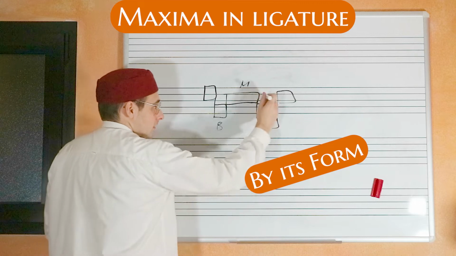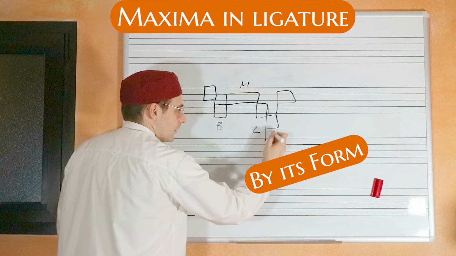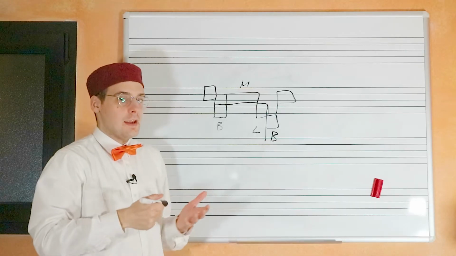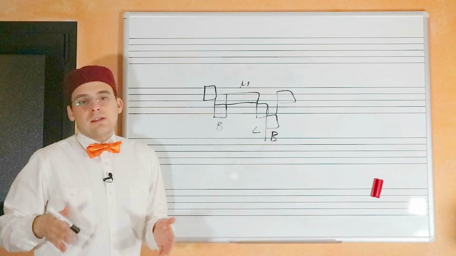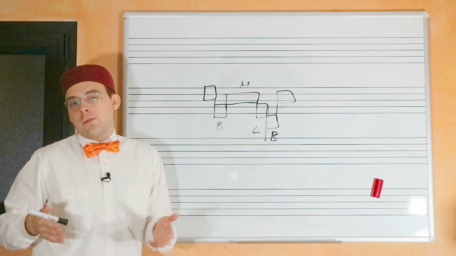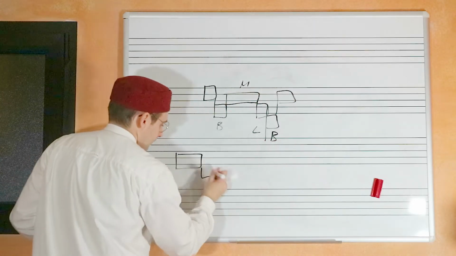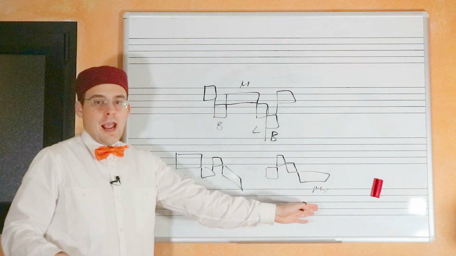This is a longa because I have a right descending pilum, and this is a brevis because it doesn't have anything. The maxima can stay also at the beginning or at the end of a ligature, but the maxima has its specific form, so I can recognize it by the form. Like that, at the beginning, at the end.